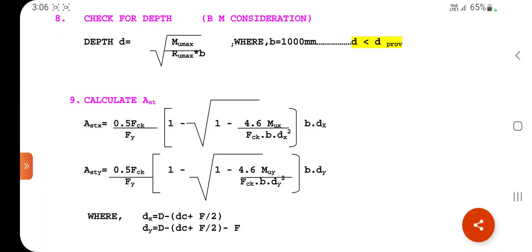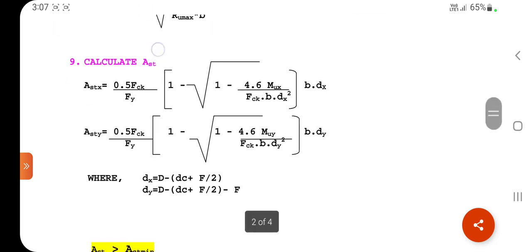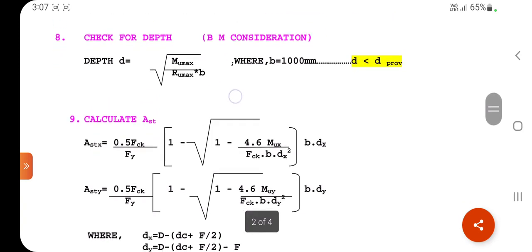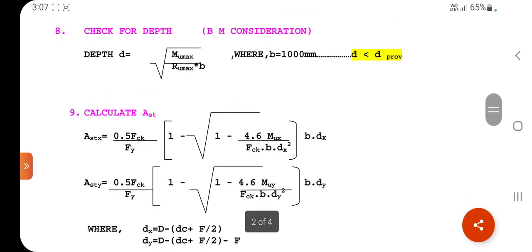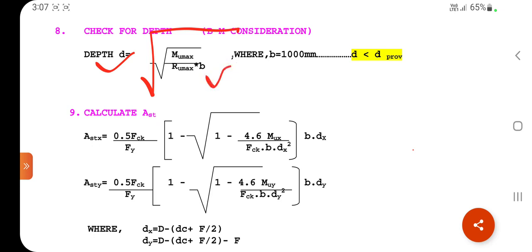Now, after calculation of the moment, we check the depth of the slab. Now here we have to calculate the depth. Check for the depth is given by d equals under root of Mu max upon Ru max into b.